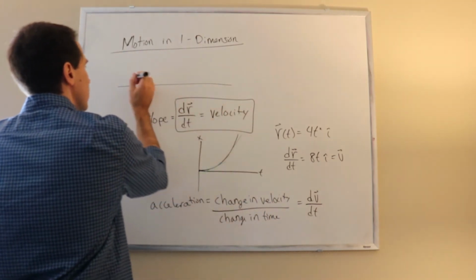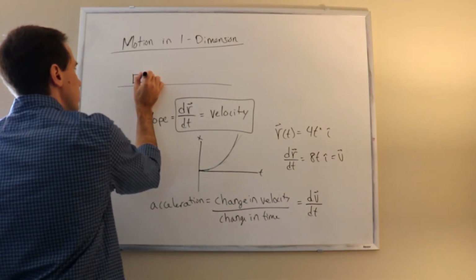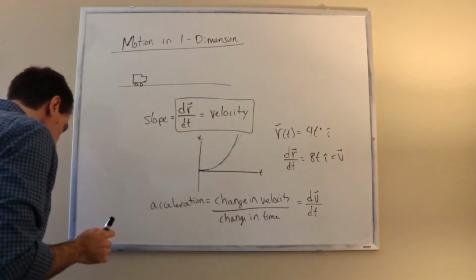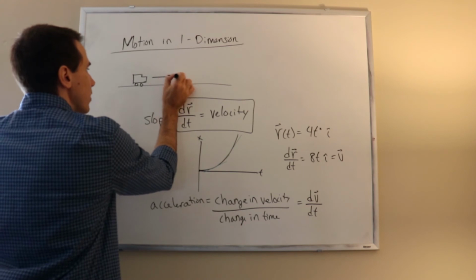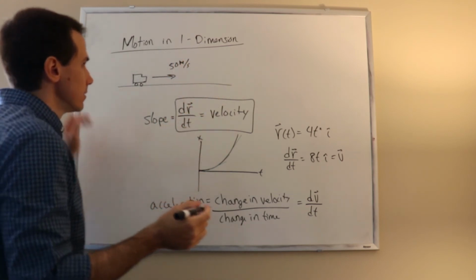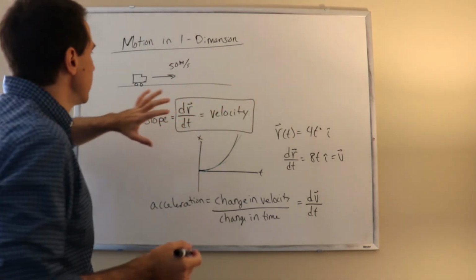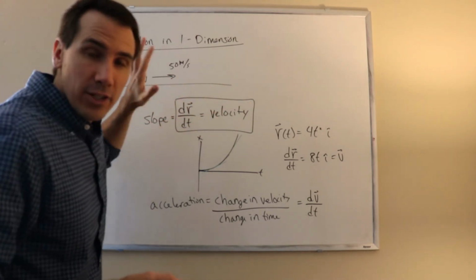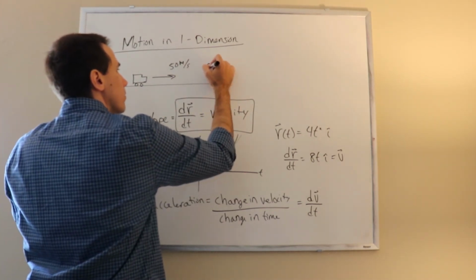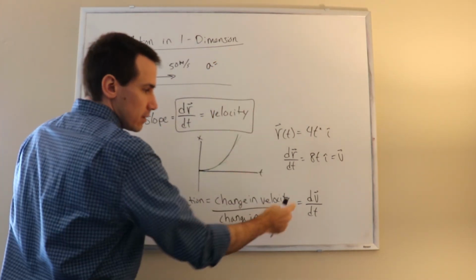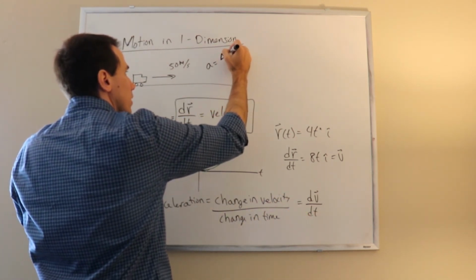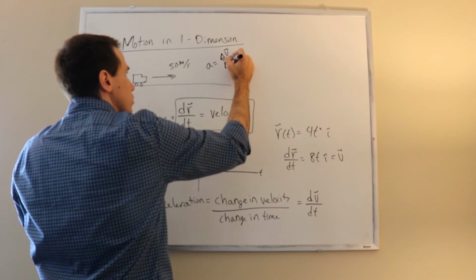So I have a car driving down the highway. If I am driving at 50 meters per second down the highway, at that constant speed, well, my acceleration, dv/dt, I could write for constant velocities just as deltas, right?